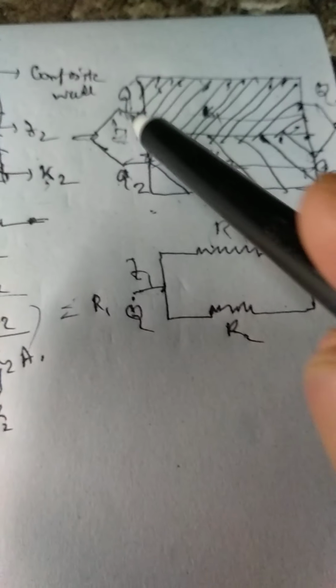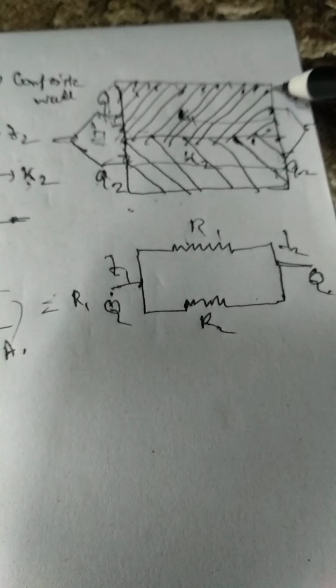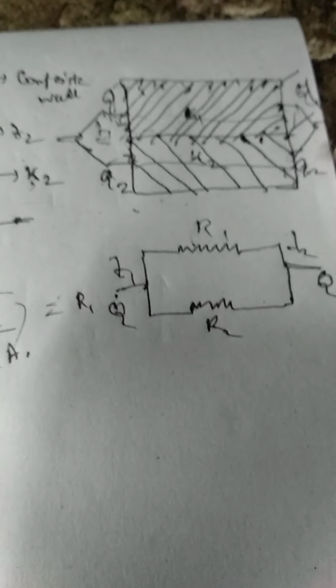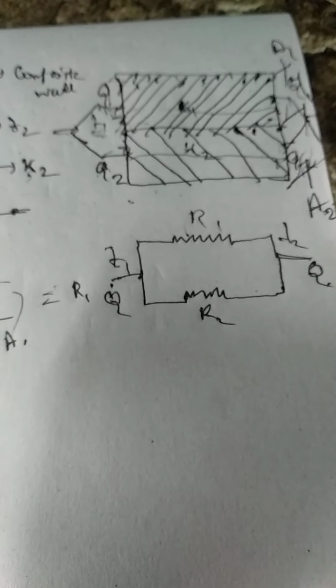You can see Q1 is flowing through this cross section area, and Q2 through another cross section area. Suppose this one is A1 and for Q2 it will be A2, but the cross section area is different.